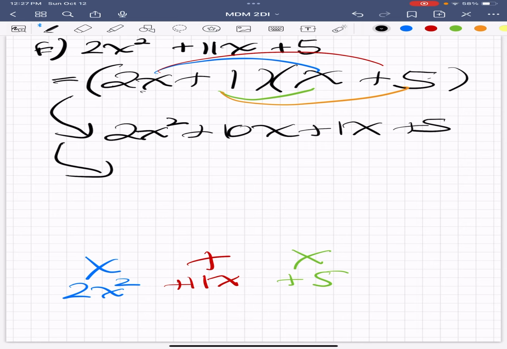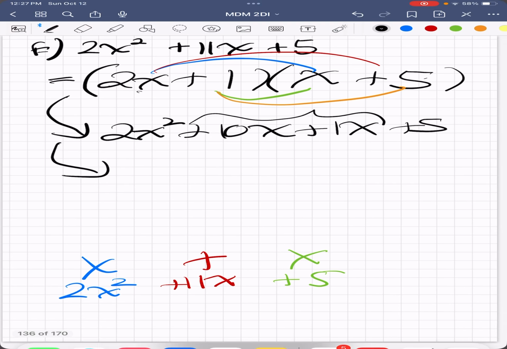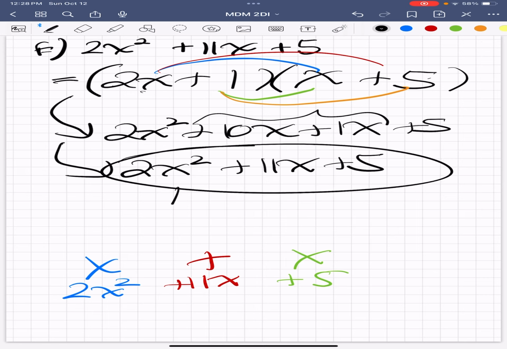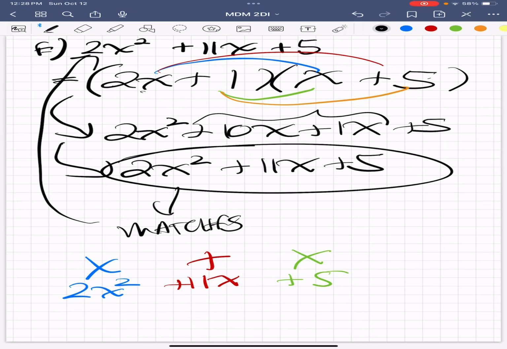And then we're going to move that down. We're going to simplify the addition within the middle of the expression. So it would be 2x squared, then plus 11x, simplifying the addition, plus 5. And it matches the original expression.